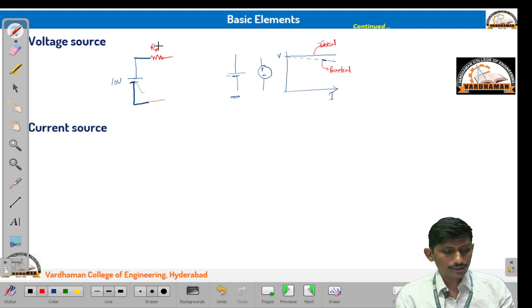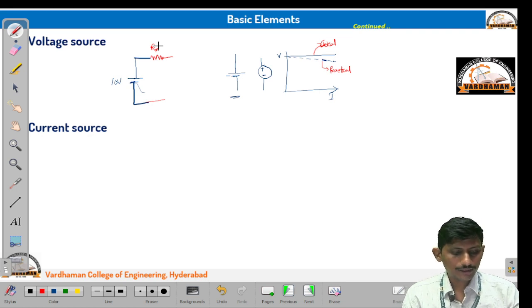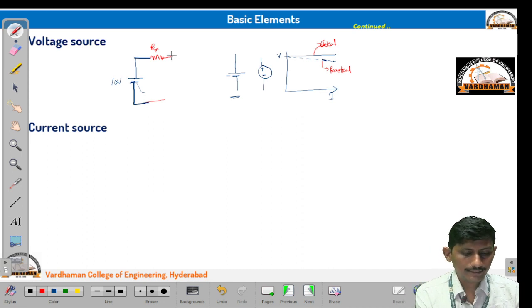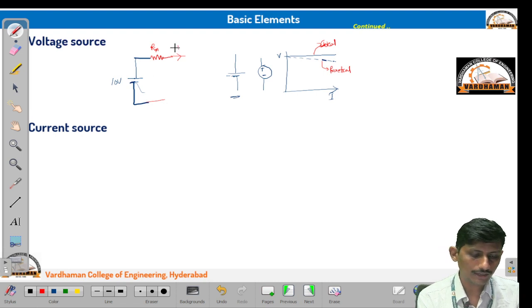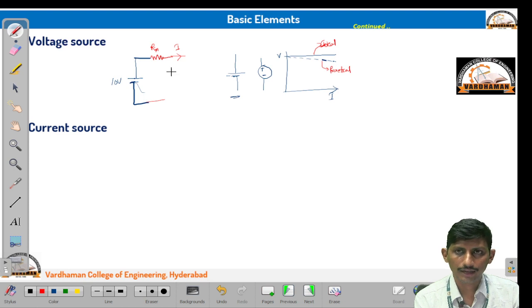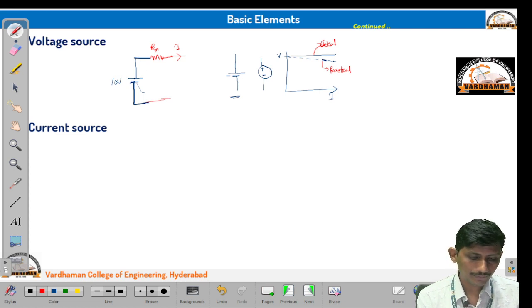Okay. So, this R internal, which is nothing but the internal resistance, is represented as a series connection with respect to the voltage. As the current increases, the voltage drop across this R int will be R int into I. If the current is I, the voltage drop across this R int into I will be increasing.